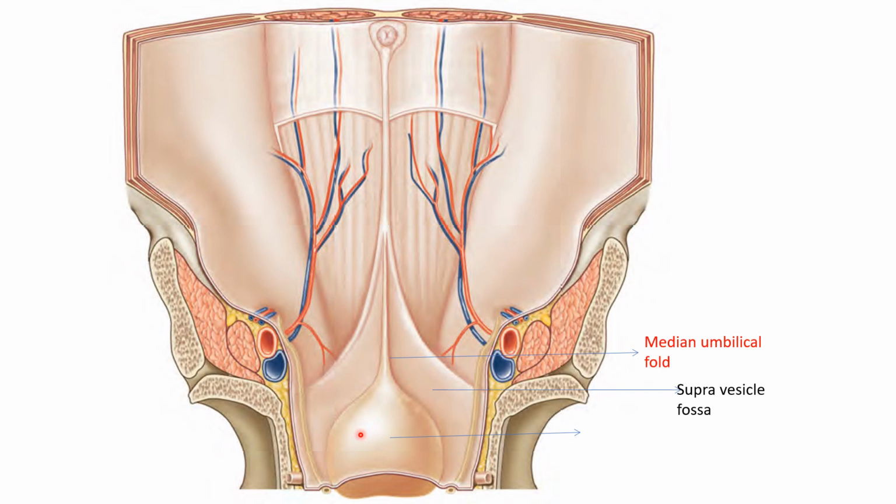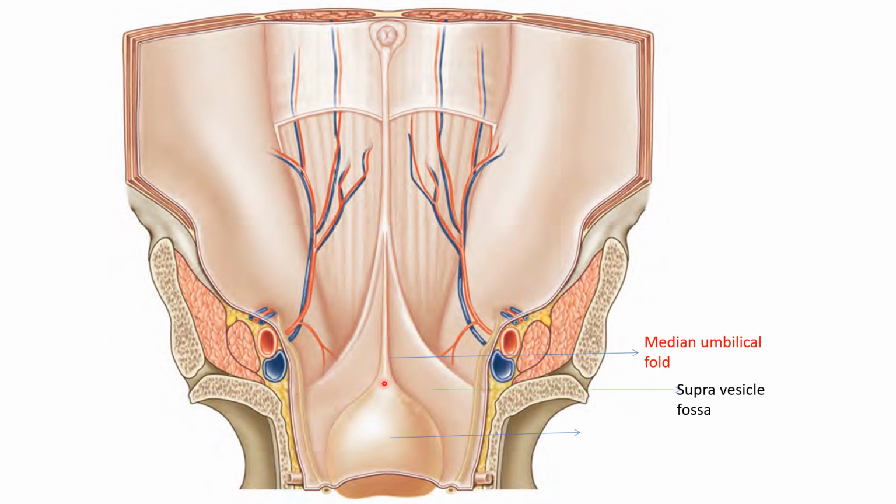Here we have taken a coronal section and we are trying to observe from inside to outside. After covering the superior surface of the urinary bladder, it is running at the apex. Here at the apex, what is present is the urachus, which you can identify extending from the apex of the urinary bladder up to the umbilicus. This ligament is called the median umbilical ligament.